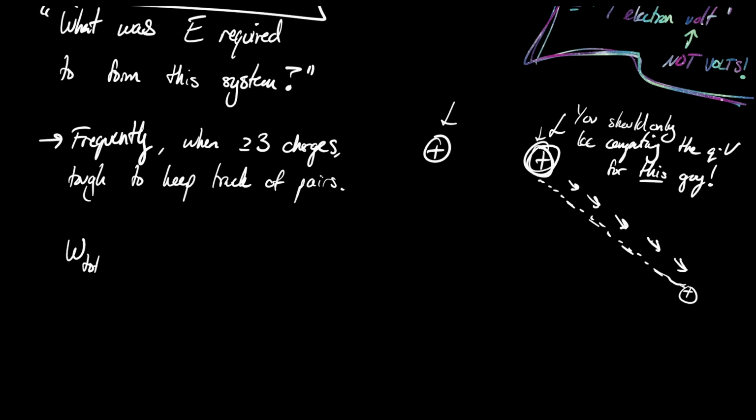So often this is written on your equation sheet as work total is 1/2 the sum of each inhabitant times the voltage at the inhabitant due to the other charges.